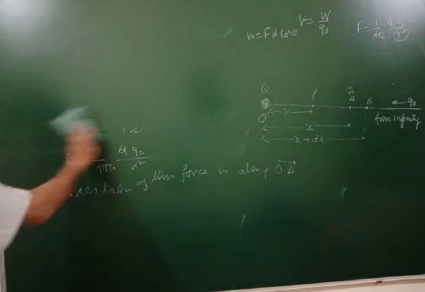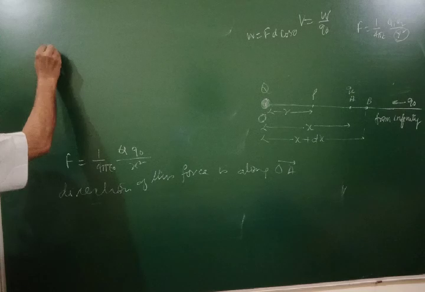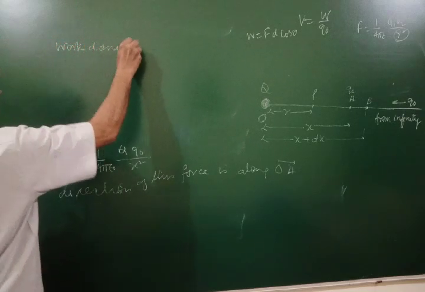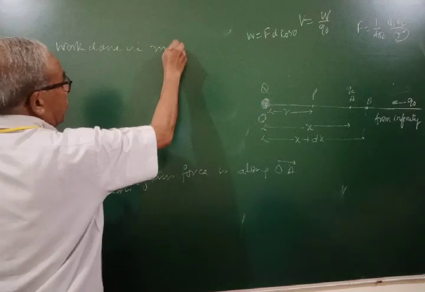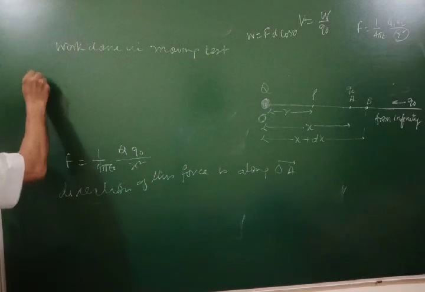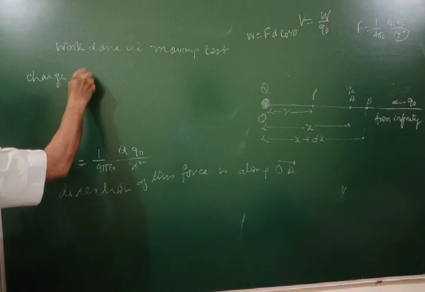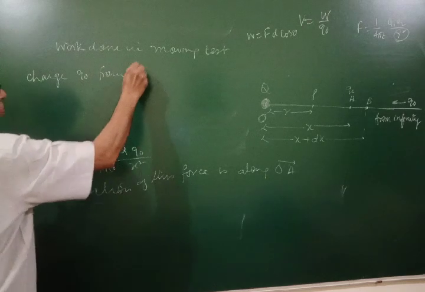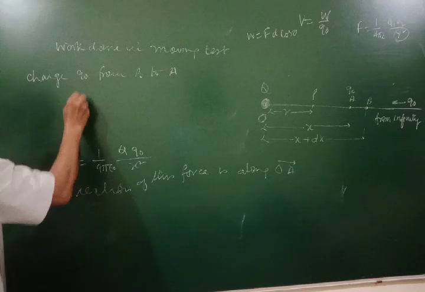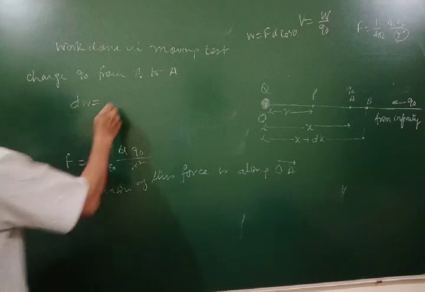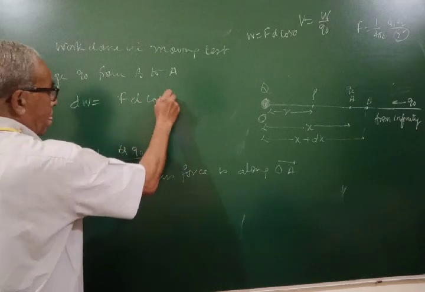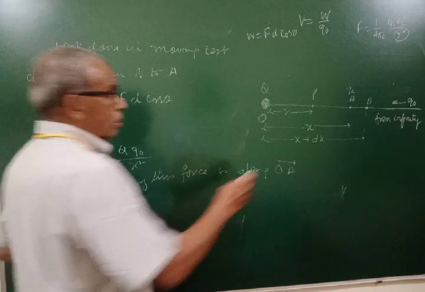So work done in moving test charge Q0 from B to A, dW, is equal to F dx cos theta. How much is theta here?